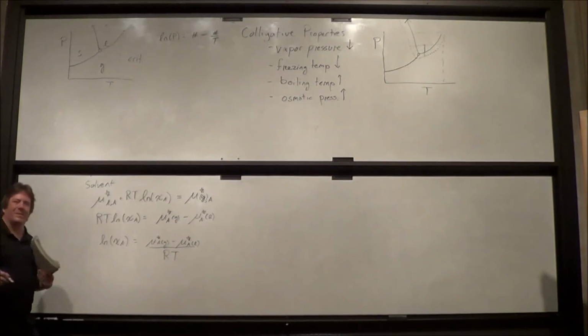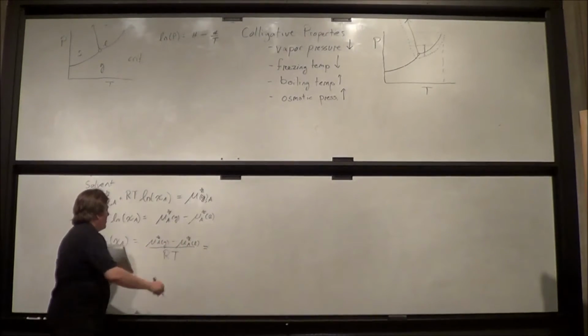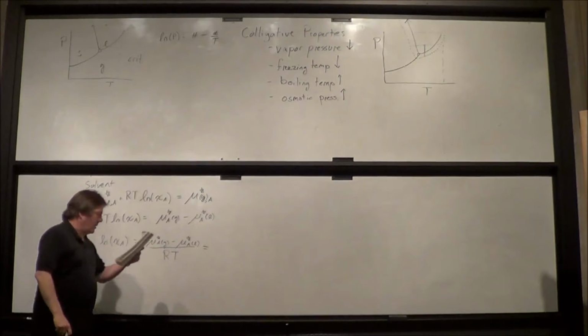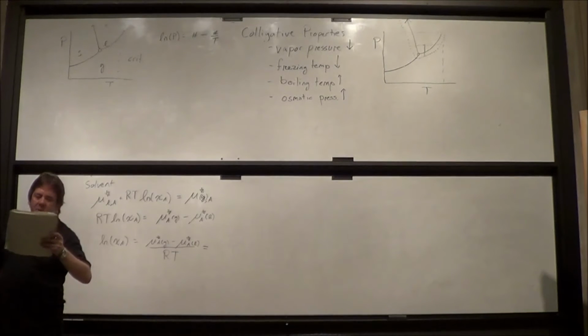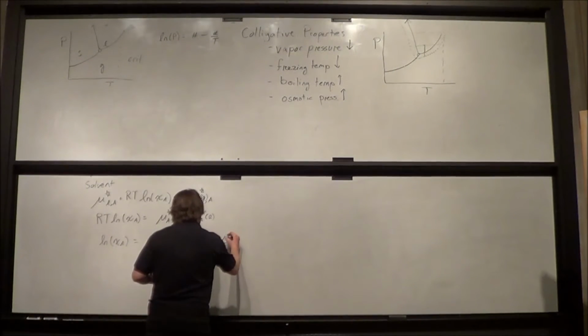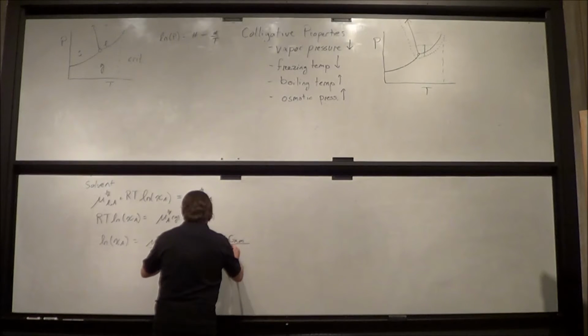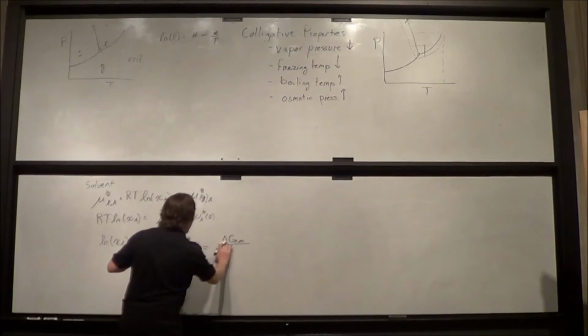Okay, because this is such a simple derivation, let me just go ahead and do the next step. What is that? That's the delta G of vaporization, delta G per mole of A over RT. Oh, I'm sorry, it needs a little, I'm not following IUPAC.